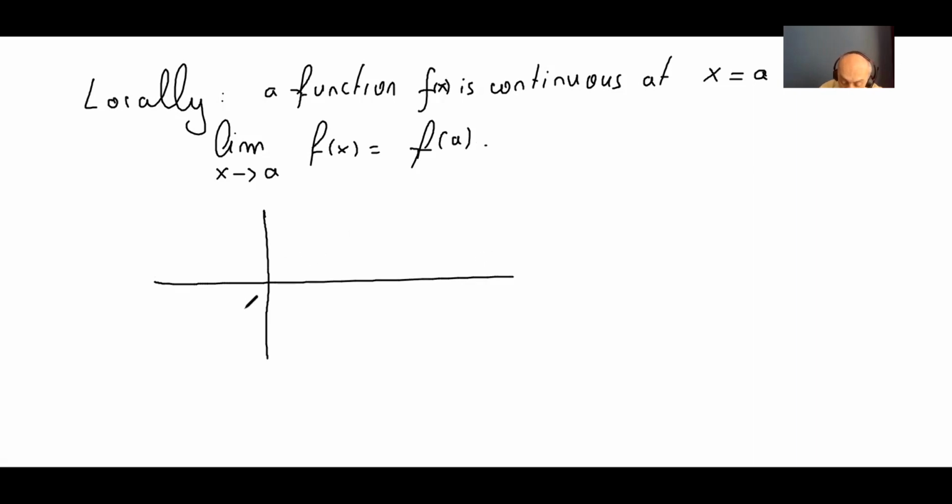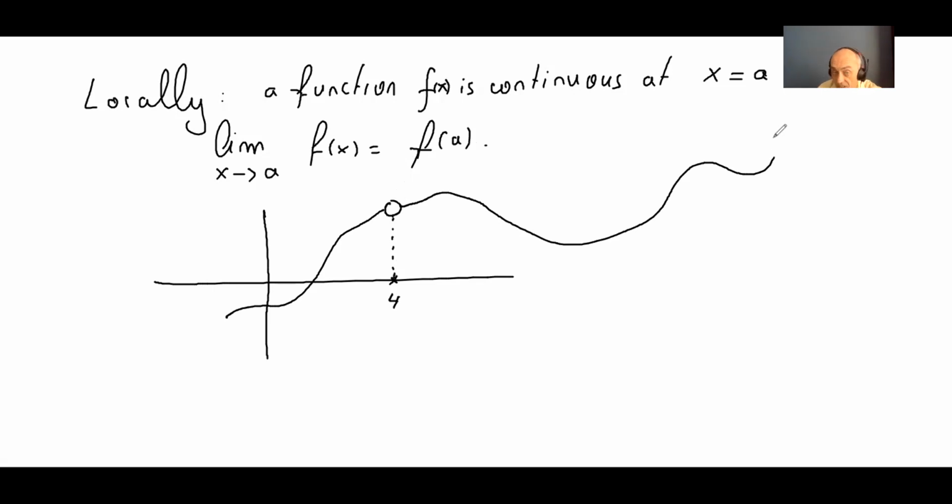We could have a graph that goes all the way up to here. Let's say this is a point, I don't know, let's say the point 4 on the x-axis. Goes all the way up to here. There's a break here, so maybe you don't even have a value there. And then it continues something like this. So this is the graph of some random function. I'm going to call this function f of x.